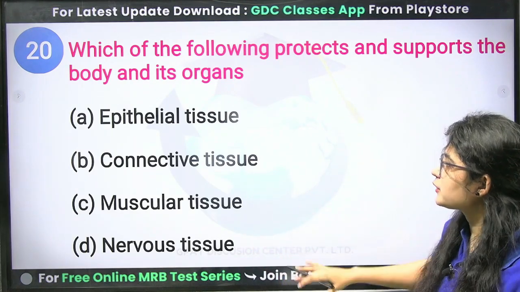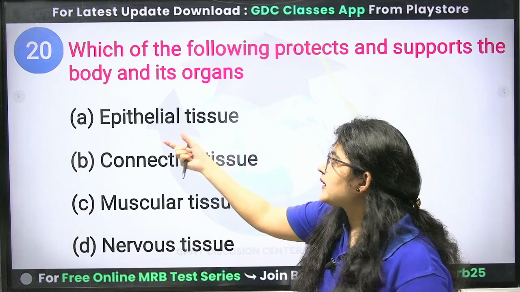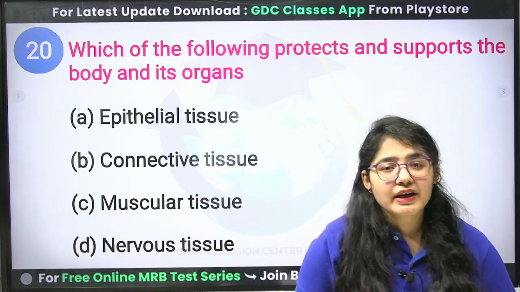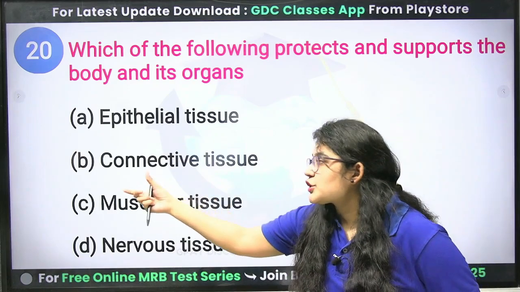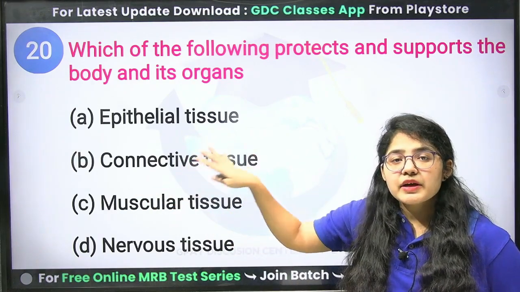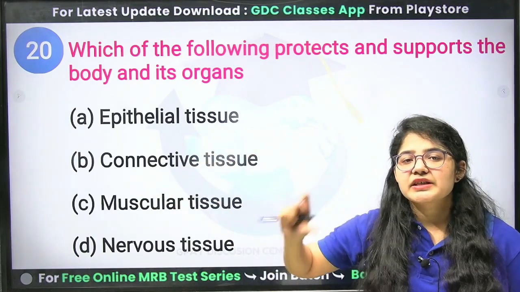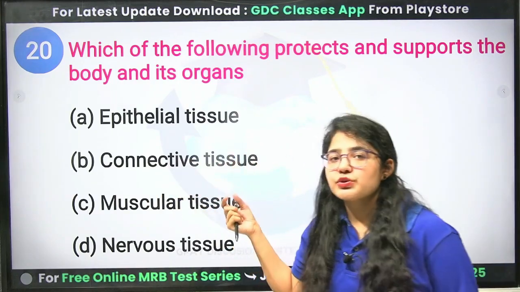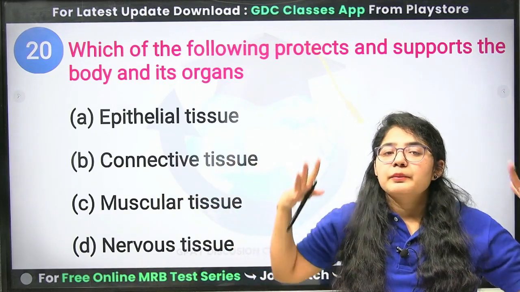Okay, now the questions are from tissues. Epithelial tissue is the outer lining or the inner lining of a particular organ. The main function of epithelial tissue is the secretion of mucus or different enzymes. Connective tissue means it connects your complete body.